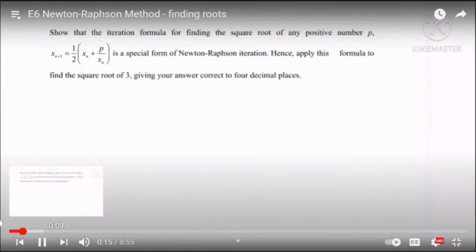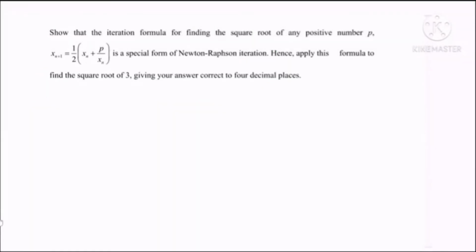The questions show that the iteration formula for finding the square root of any positive number p. So, in here, x will be equals to square root of p. So, kindly refers to the situation. Here they mention that finding the square root of any positive number p.